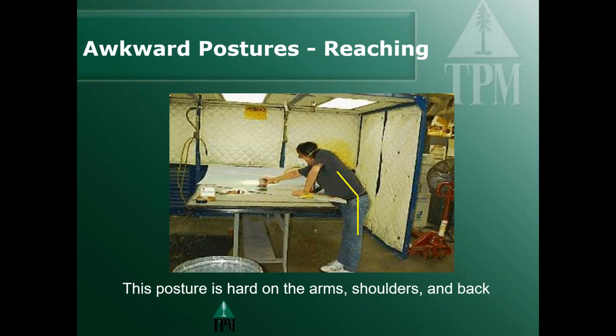And then with reaching, you kind of get the whole catch-all, but you tend to see the injuries in the arms, shoulders, and back again. You can get it all the way down through the legs, but this is one where a lot of times the work area where we've given them the space to get the job done, we made that space so big that they have to lunge or they have to reach to get those things.